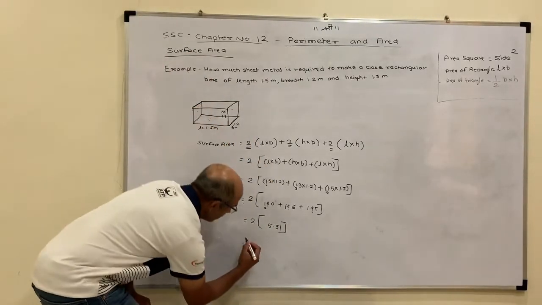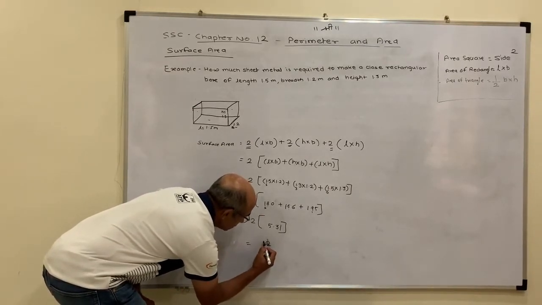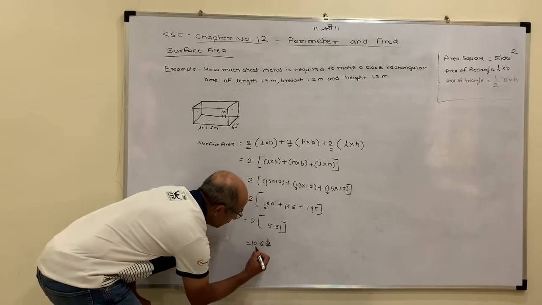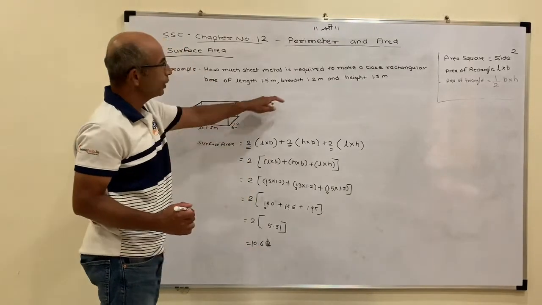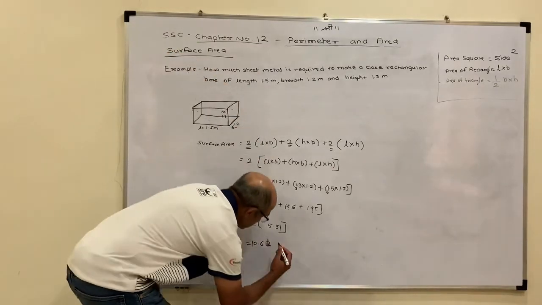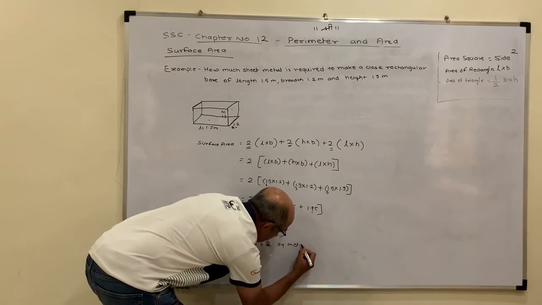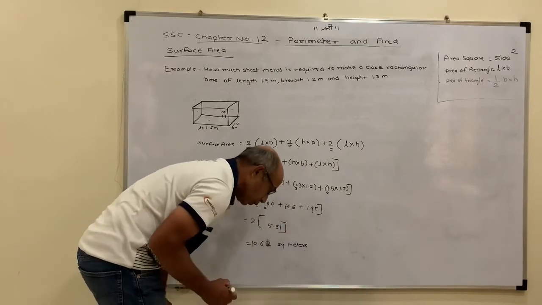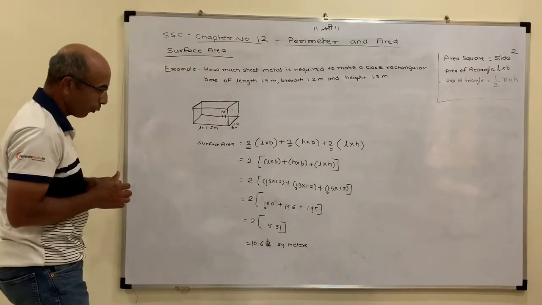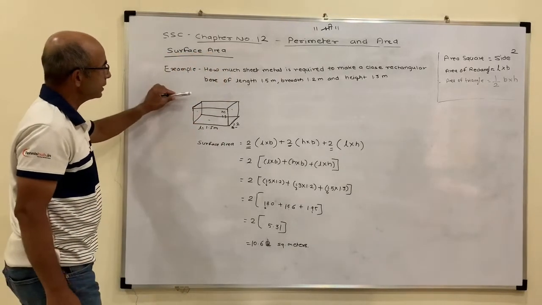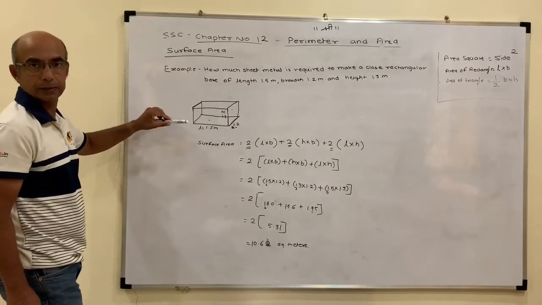So it comes out to be 2 times 5.31, which is 10.62. Now the unit of measure was a meter, so this is square meters. So in total we need 10.62 square meter metal sheet to make a closed box of this size.